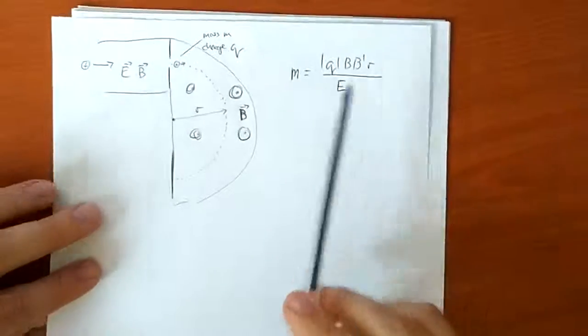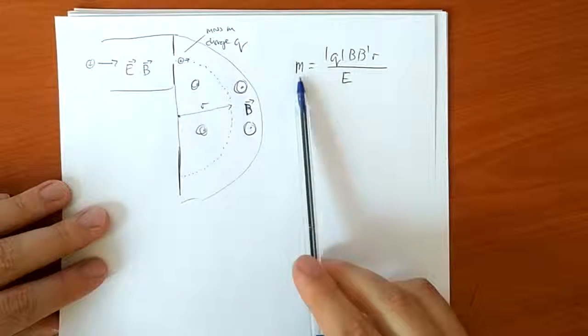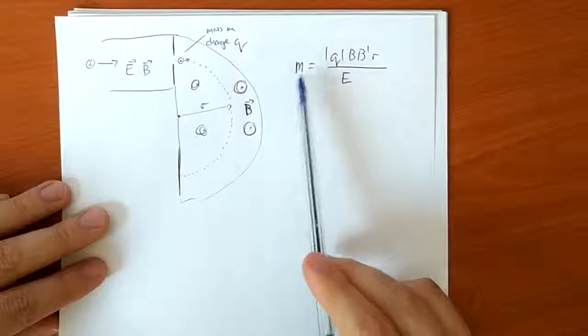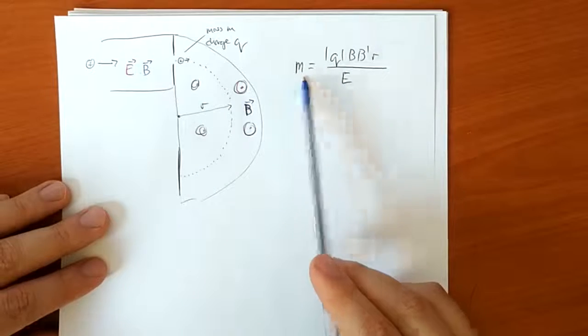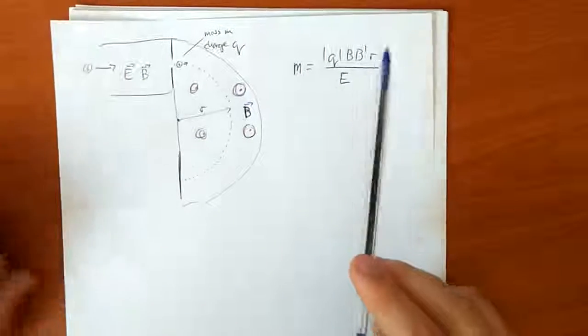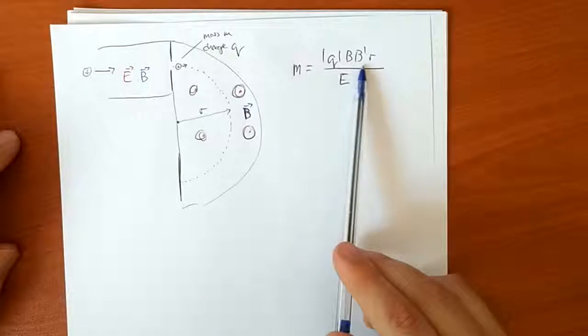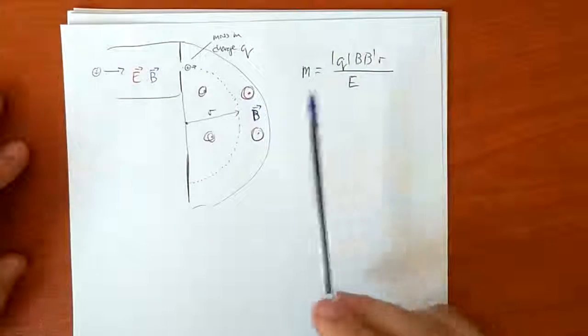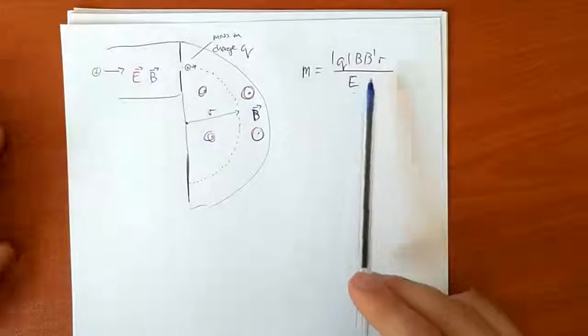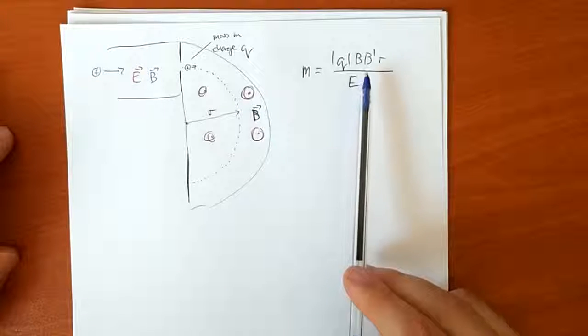So, number 3. Now I want to use this formula, and I'm after the M, the masses of these other isotopes of germanium. What do I have, and what don't I have? Well, B prime and E, the values of the magnetic and electric fields, will be the same for all of them.